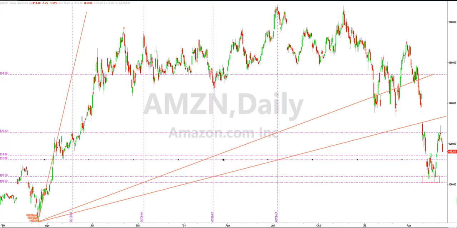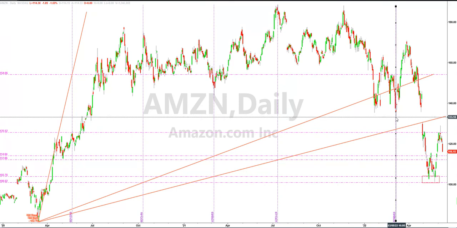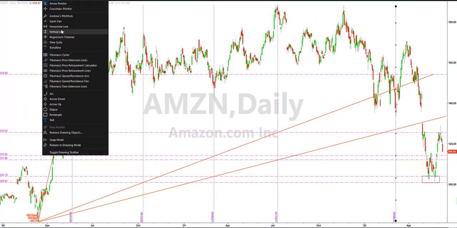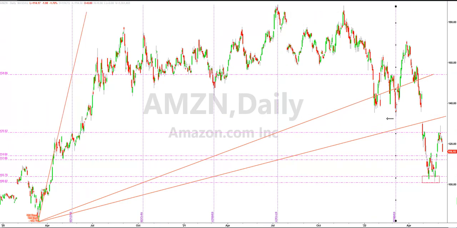Let's take a new one. I'm going to take this pivot here from recent pivot from March 8th. We'll drop a horizontal line where that crosses at this level right about there.